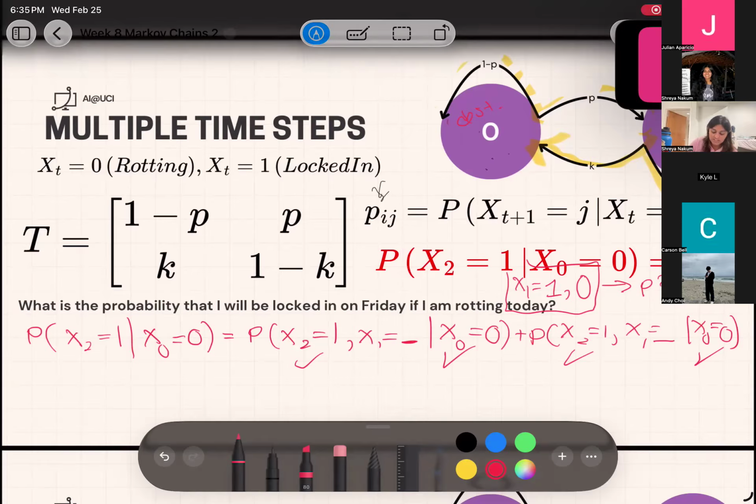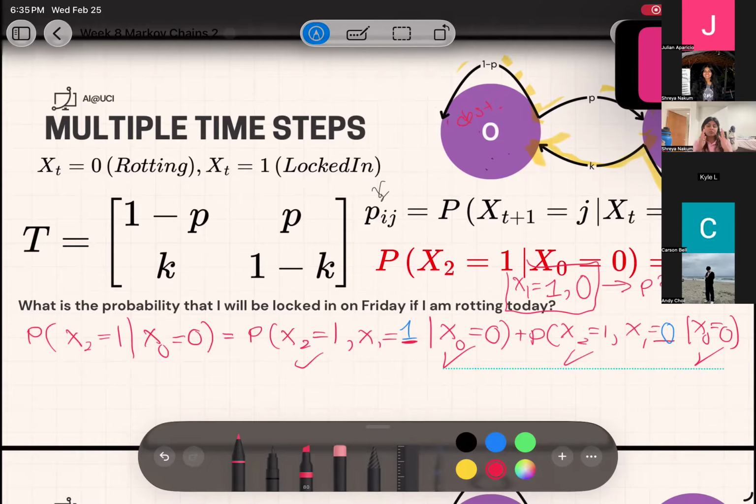So what this is saying is, what's the probability that we're locked in on Friday and locked in on Thursday, given that we're rotting right now. So this would be one here, and it'd be zero here, because those are the two states we can be in on Thursday.